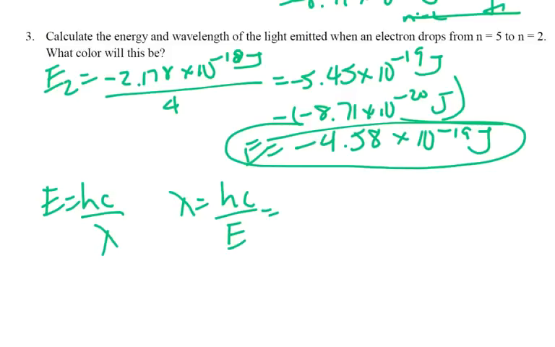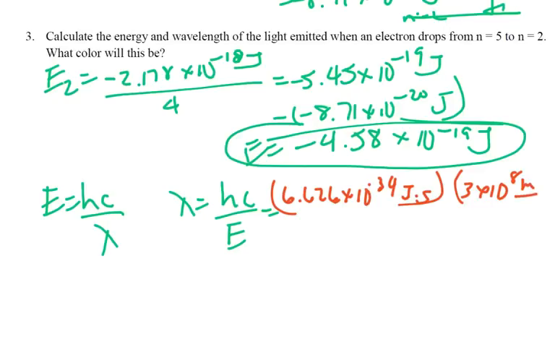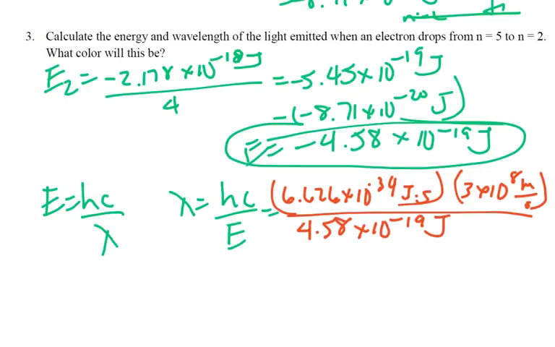I'm just going to substitute numbers in. h is 6.626 times 10 to the negative 34 joules times seconds, times c, which is 3 times 10 to the 8th meters per second, all divided by my energy, which is 4.58 times 10 to the negative 19th joules. Notice here I do not put in my negative, because that negative just means that energy is given off. There's no such thing as negative energy, so I just put in the energy and work out the answer.